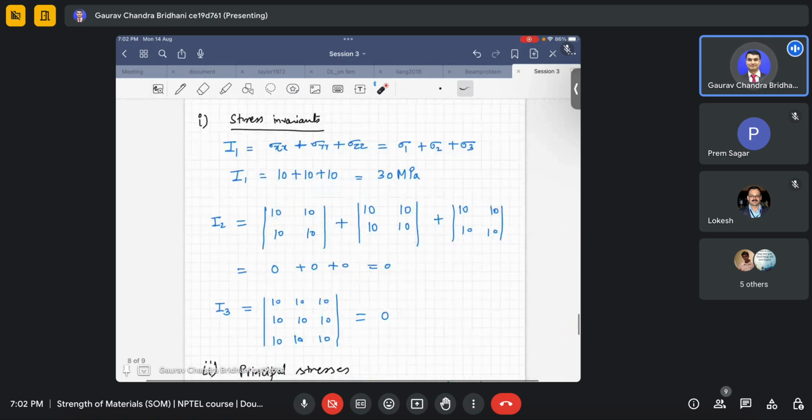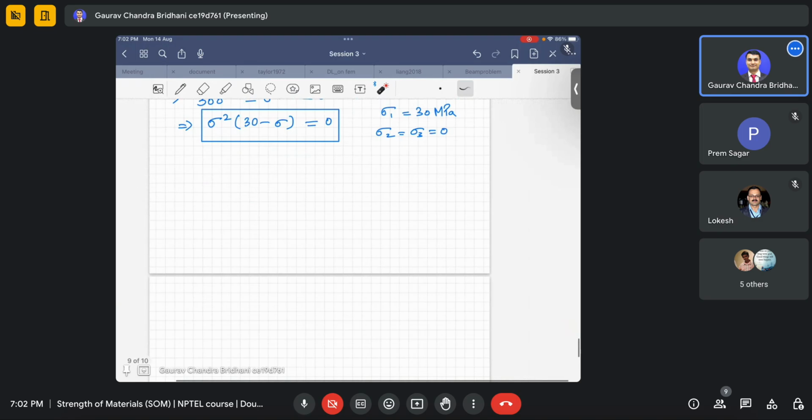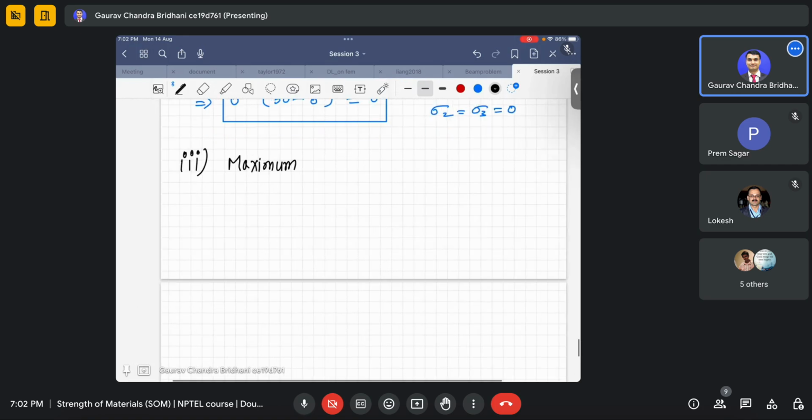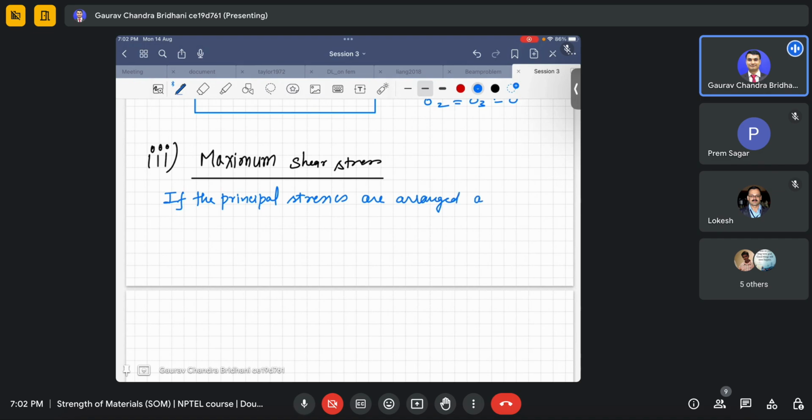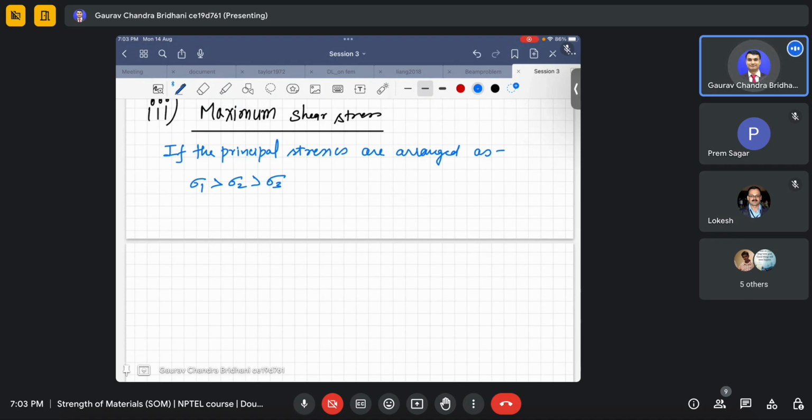So the maximum shear stress: if the principal stresses are arranged such that sigma 1 is greater than sigma 2 is greater than sigma 3, we first have to make sure that your principal stresses are arranged in this way.